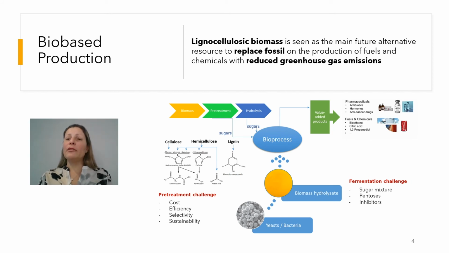And apart from the sugar mixture, we have also several inhibitor compounds that are coming directly from the biomass structure, or they are formed during the degradation of sugars during the pretreatment step. At the end, we have a very complex medium with different types of sugars, different types of inhibitor compounds, and basically the efficiency of the fermentation using this medium is not comparable with the efficiency that we obtain when we use pure sugars as fermentation medium.